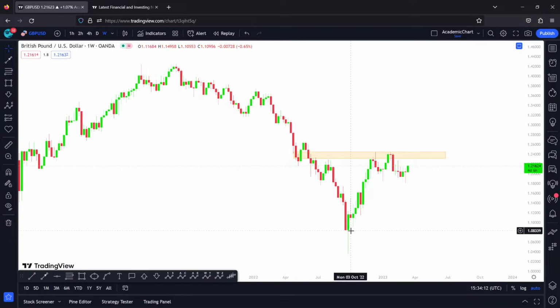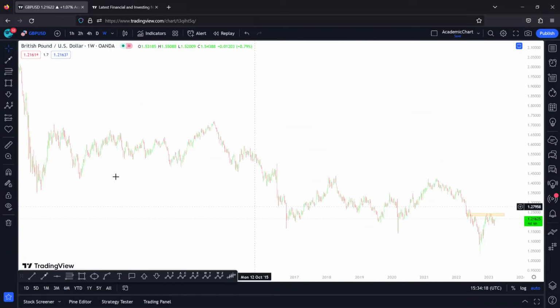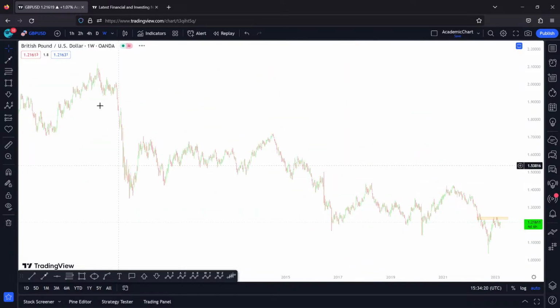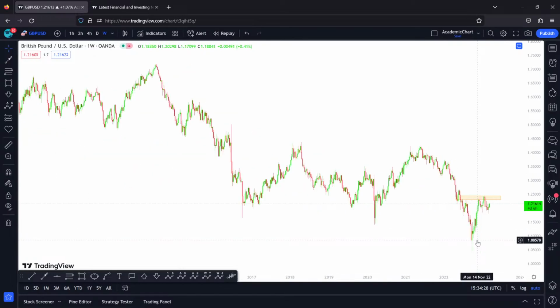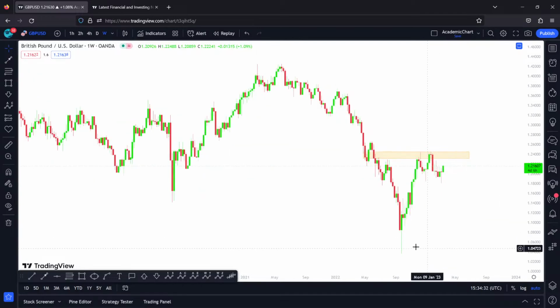We talked about this impulsive wave, but if I zoom out more, you can see that just after Brexit it had almost a downtrend. It always just broke the lower lows, and this is the final destination. You can see we had a big shadow.